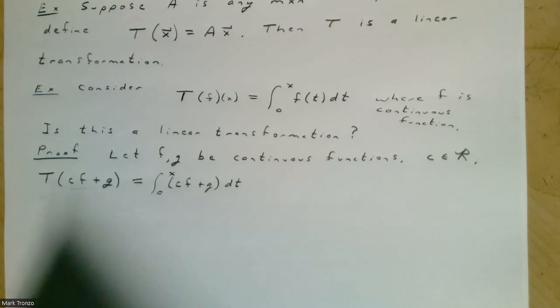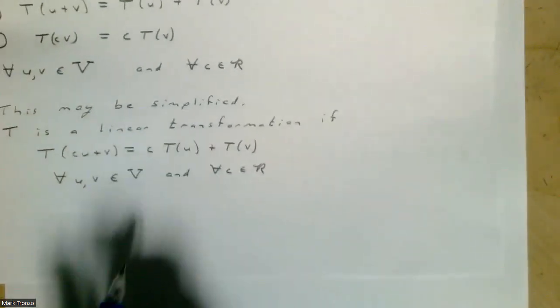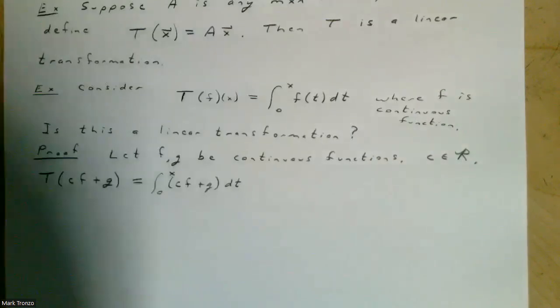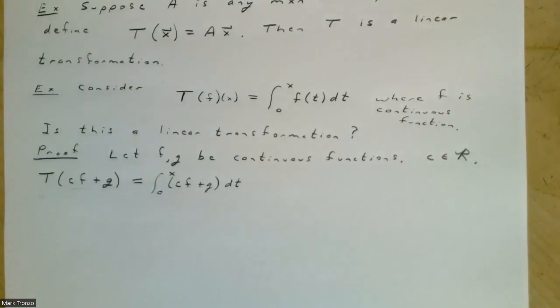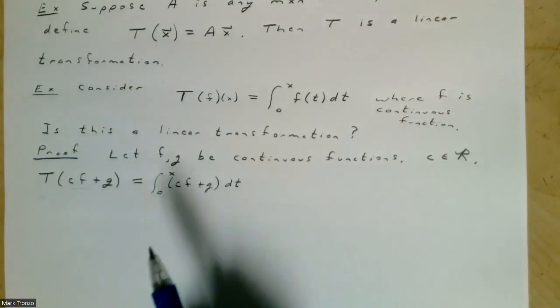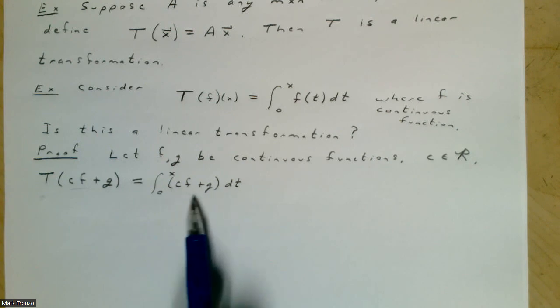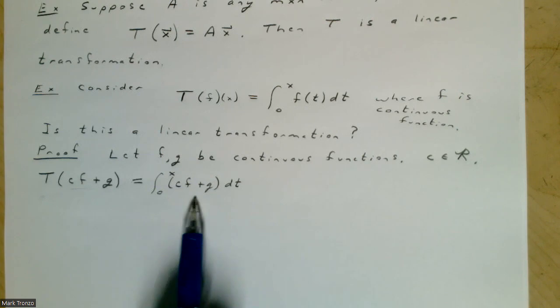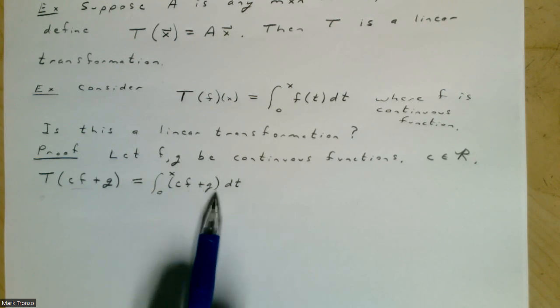We want to eventually get to something that looks like this. So now, we have a definition of our transformation, and we usually try to work with the properties that this definition has. So we'll be working, say, with the integral property.